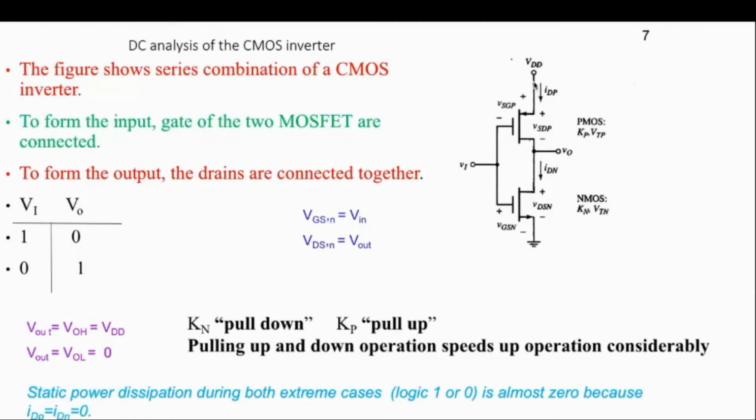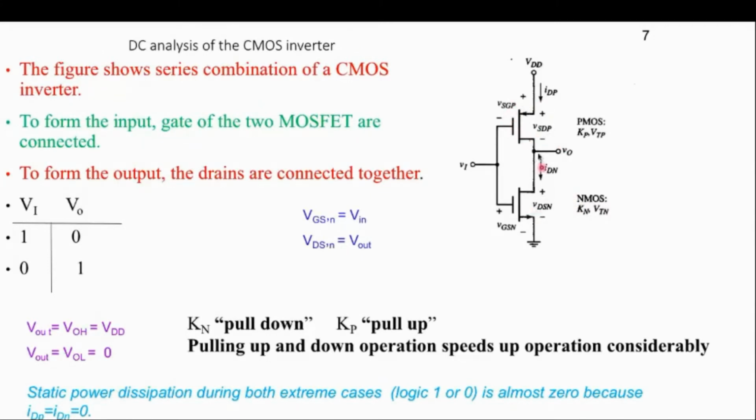So your capacitance will be charged through this particular path, like this. So this is basically pulling up the voltage level of your capacitance. So that's why we call it the pull-up network. This is your pull-up network.